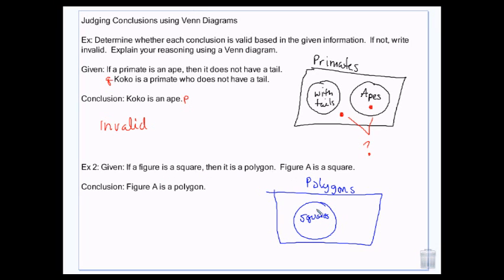If I'm a square, I'm inside the square circle, but the square circle is inside the polygon box. So if I say figure A is a square, then it is a polygon. This is a valid conclusion. And again, that's because this was P and this is Q, so they came in the correct order.